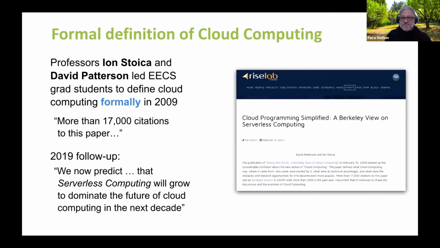And for what it's worth, I got to critique this paper and meet some of this early team back in February, March 2009. 10 years later to the day, David Patterson led a new crop of grad students to take a look at how cloud had evolved one decade later and apply some similar kinds of methodology.